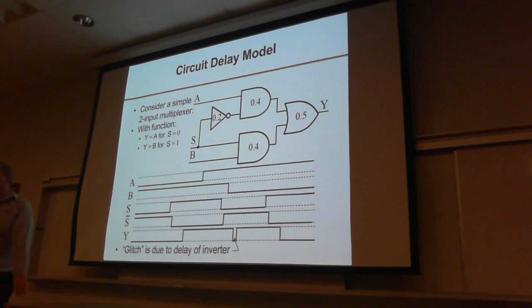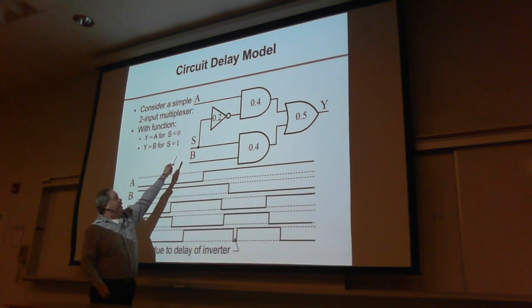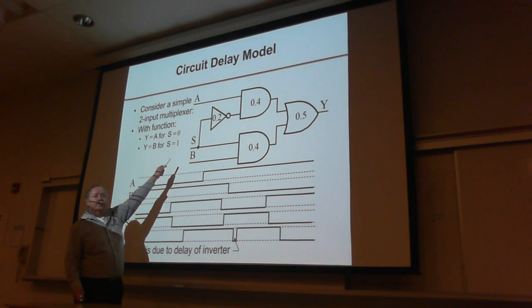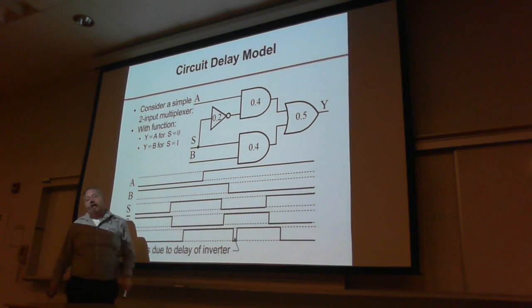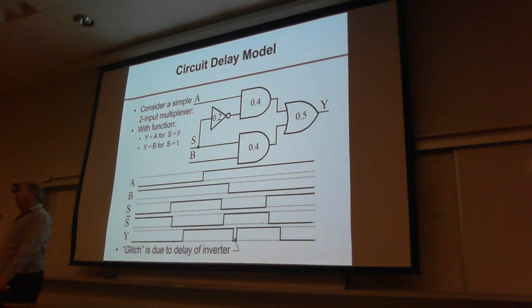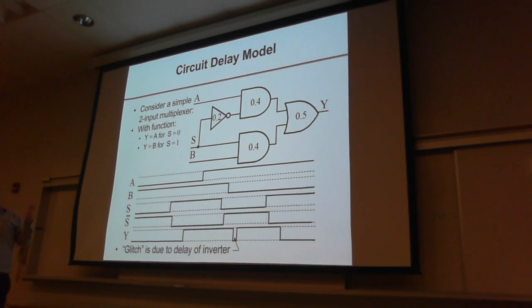B can do whatever it wants to do, we're not going to change. So I'm going to use my S bit here to select one or the other. But notice I've got that little delay function going on. So I could have a moment in time when I have both A and B. How much moment of time?